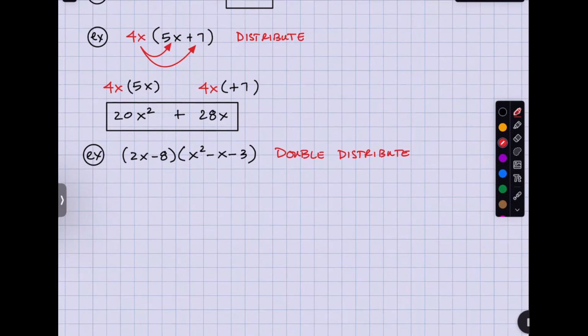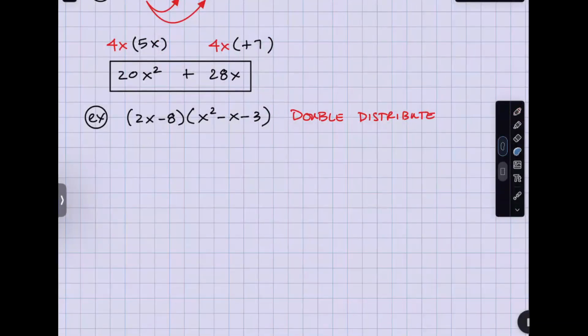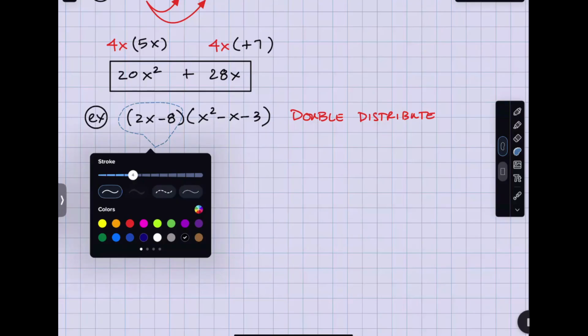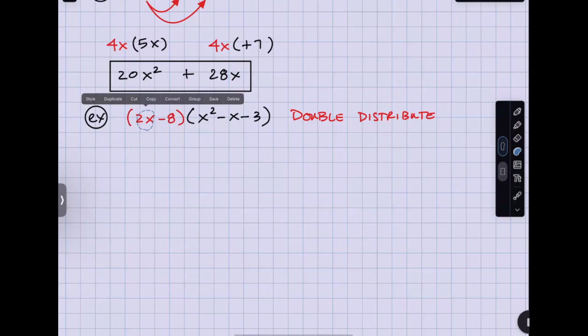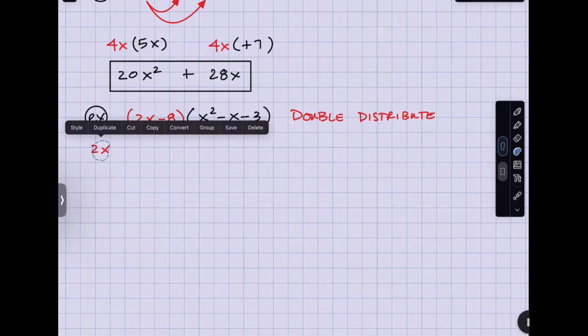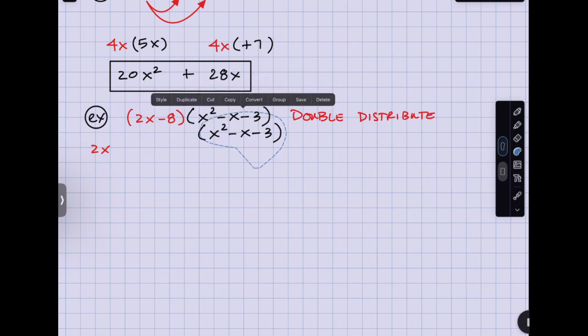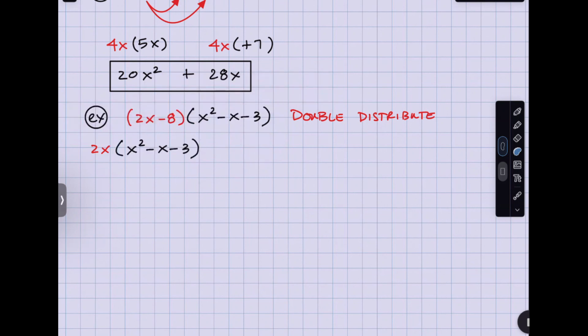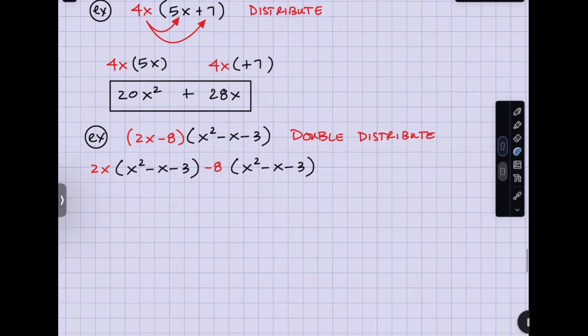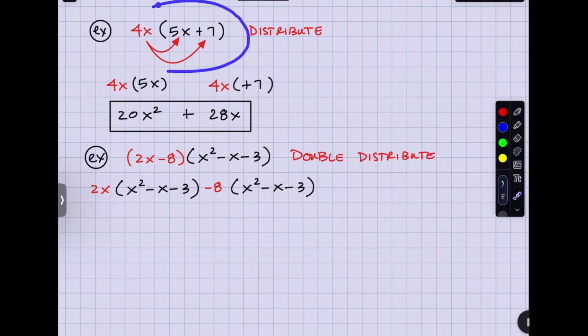So what I would do is this right here. I take the first one and I distribute it through the whole class. Then I take the second one and distribute that through the whole class as well. So now you guys see it looks very much like what I did up here in this example. And I have to do the same thing here.